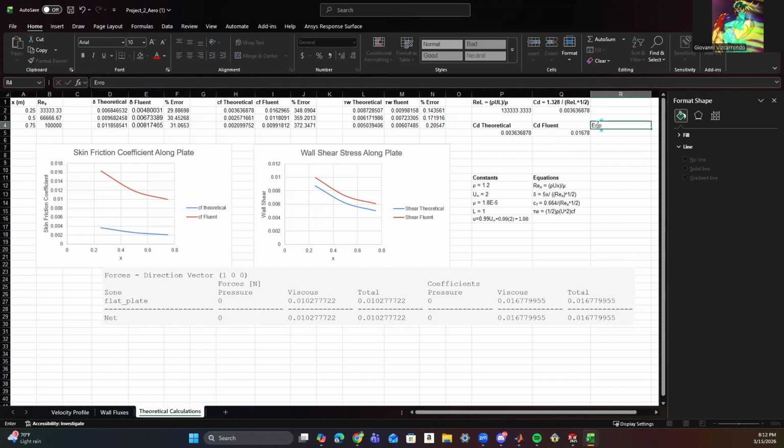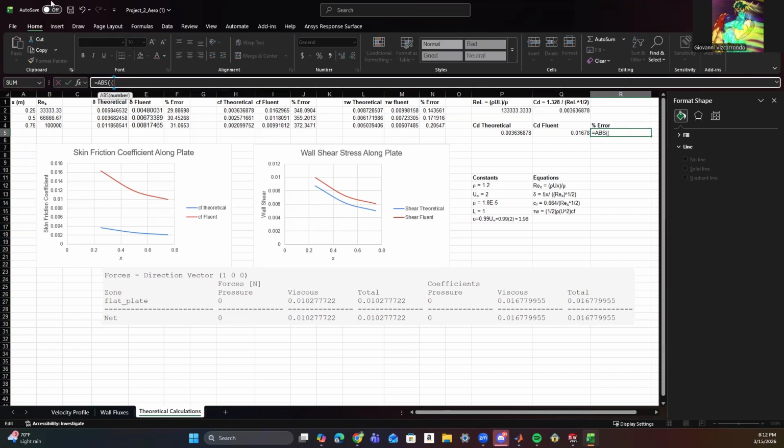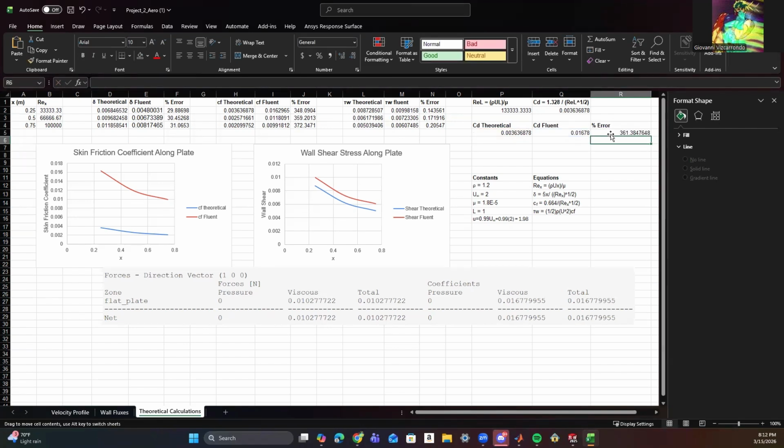And then the error is going to be equal to the value of this minus that, divided by that, and then times 100, and we're getting a pretty large percent error. Yeah. So there's the percent error right there. Large percent error. Again, something was wrong with the simulation. We couldn't figure out what it was.